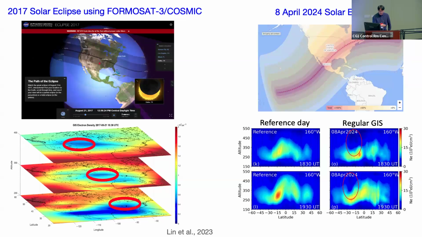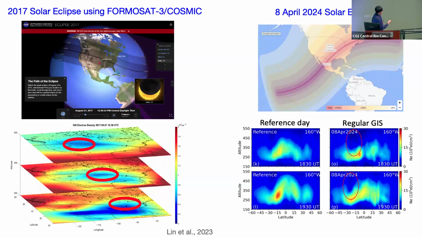Also, because of this kind of global distribution of the observations, we can use it to observe the solar eclipse. As we recall, after COSMIC-2 began operating, there have been two total eclipses.